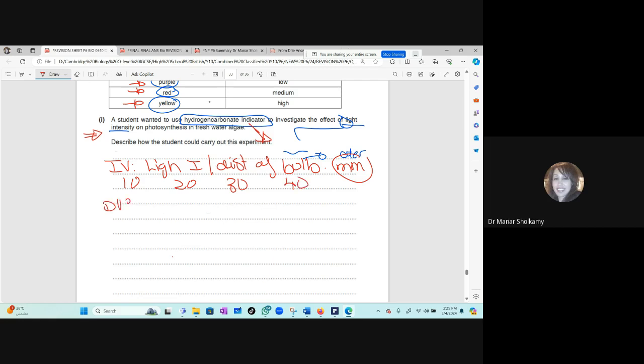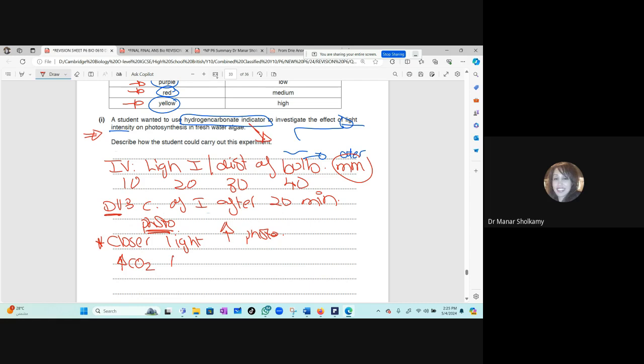The dependent variable is the color of the indicator after 20 minutes. This is my dependent variable, which is representing photosynthesis.